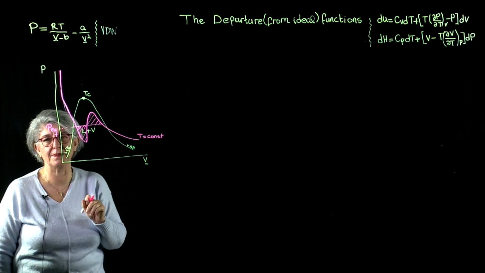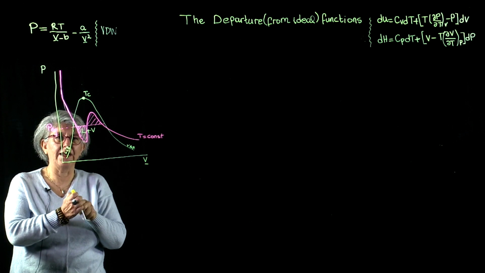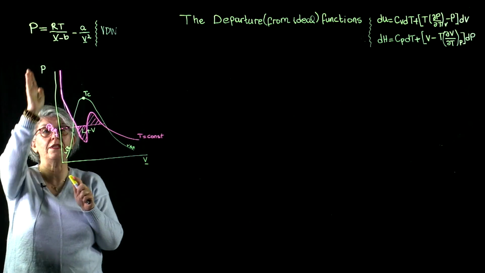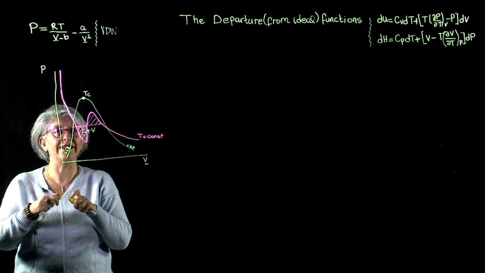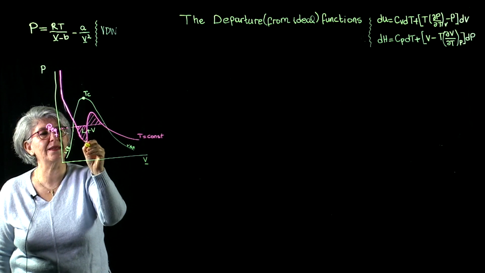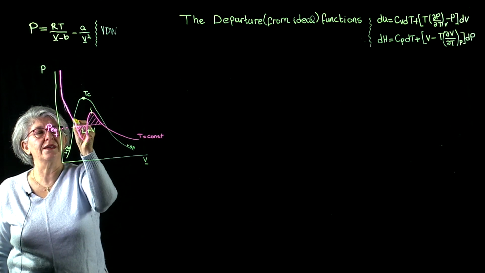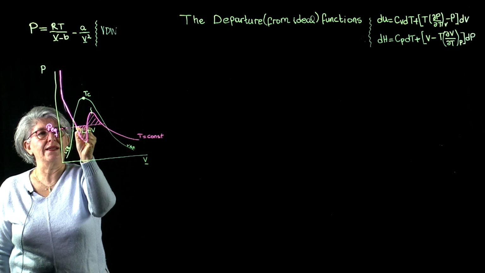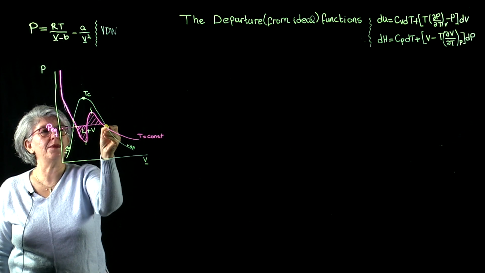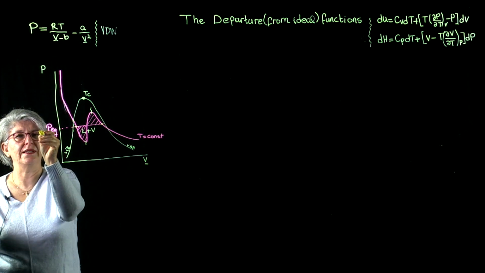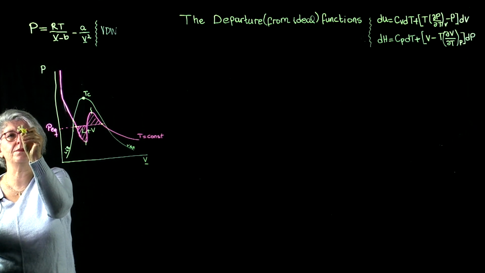This is one thing. Now, the other thing that we will learn about this cubic equation of state is that we have metastable states. All right? This is my equilibrium pressure, and this is my stable equilibrium.